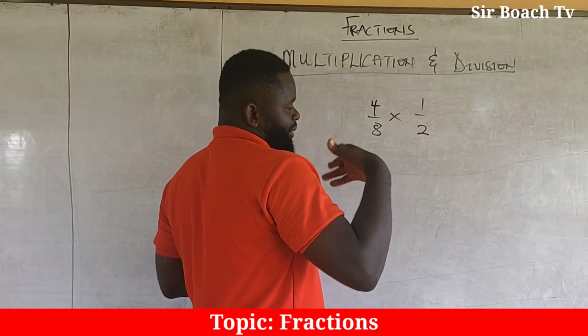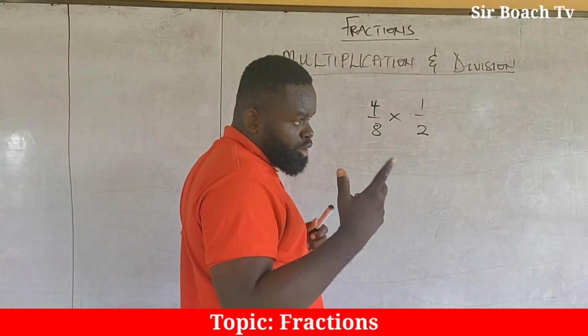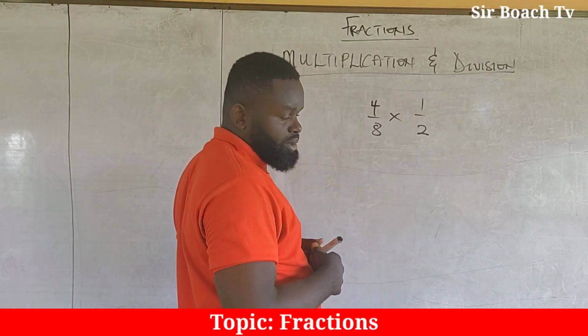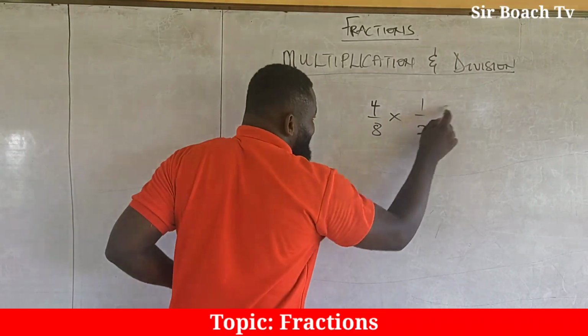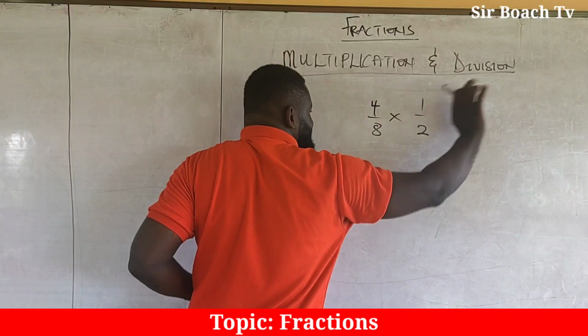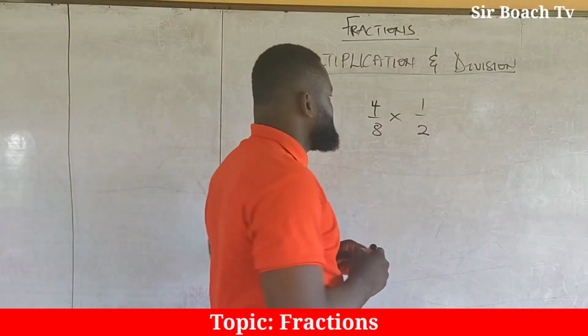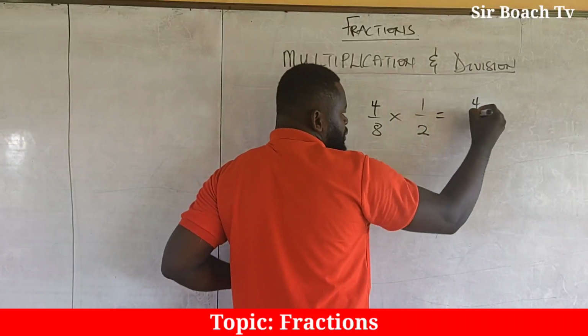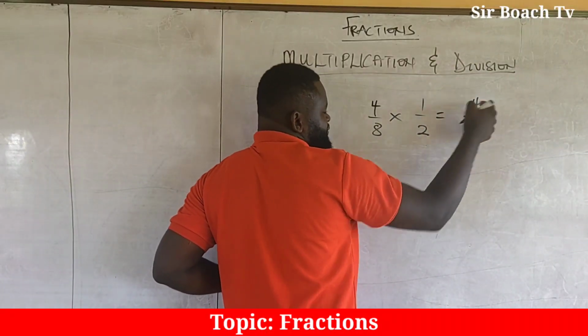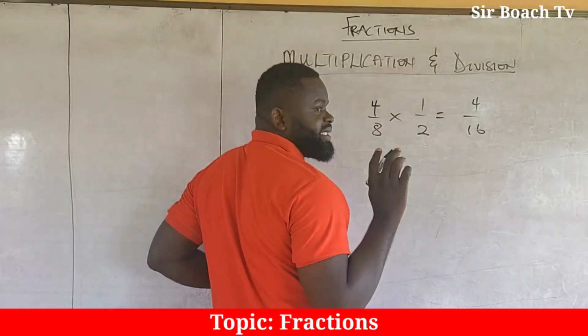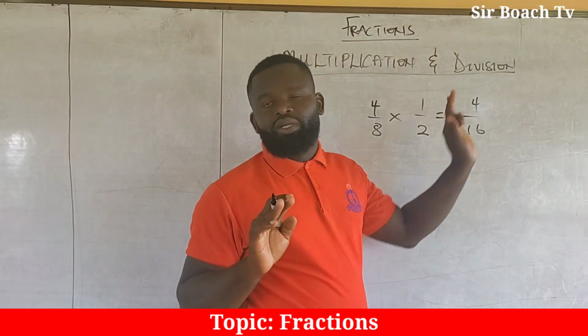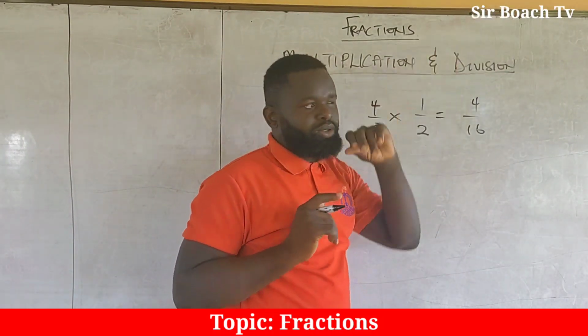When we are multiplying, there's an idea we call top by top and down by down. What do I mean by that? We multiply the numerators separately and multiply the denominators also separately. Then we get our answer. By example, 4 times 1 is 4, 8 times 2 is what? 16. We get it like that. Then we can cancel our answer, then we get what we want.